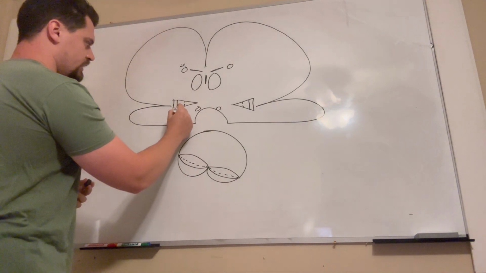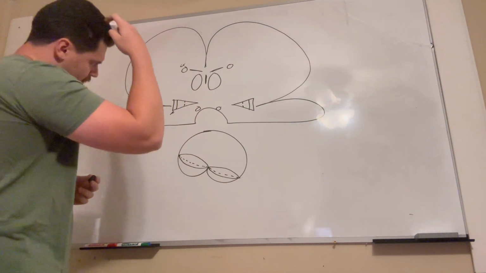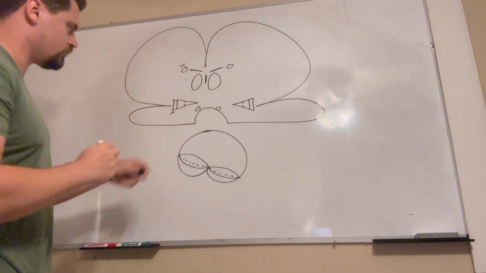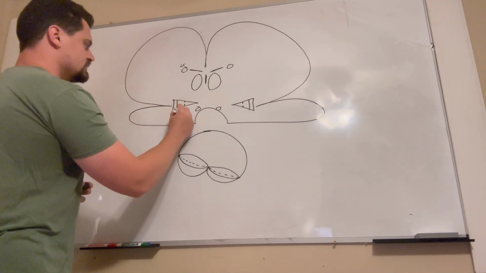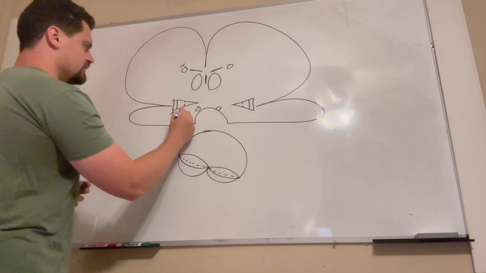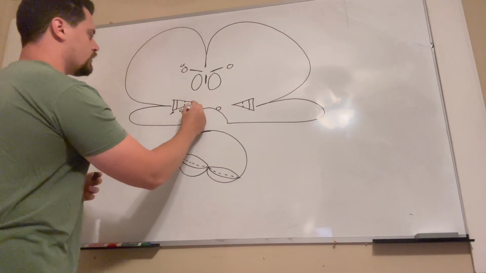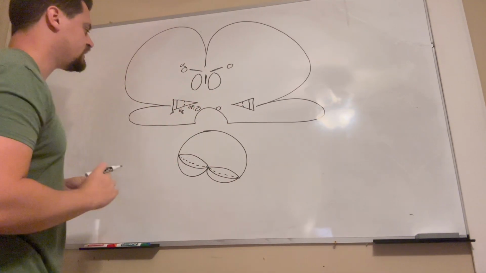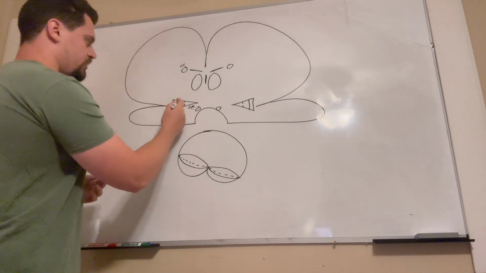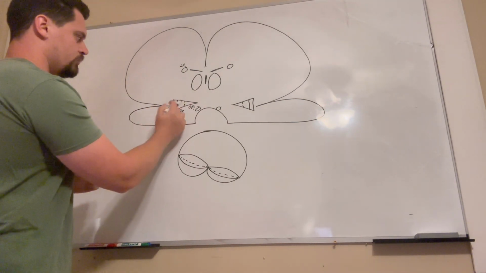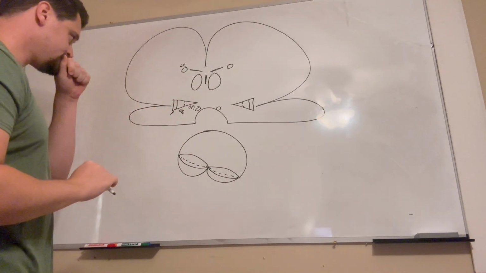Then we have the globus pallidus, and I drew little splitting lines through it because we have a globus pallidus externus, and then more internal, the globus pallidus internus. But this whole thing right here, if we don't include the putamen, is the globus pallidus.